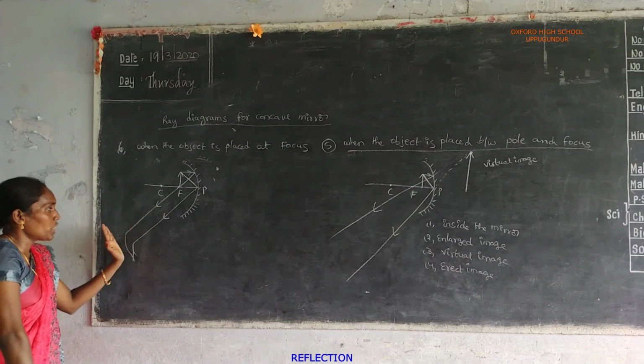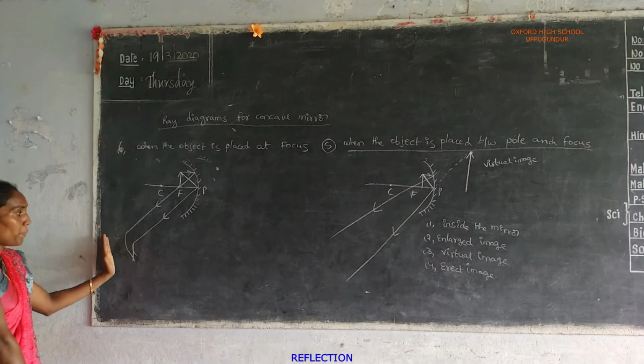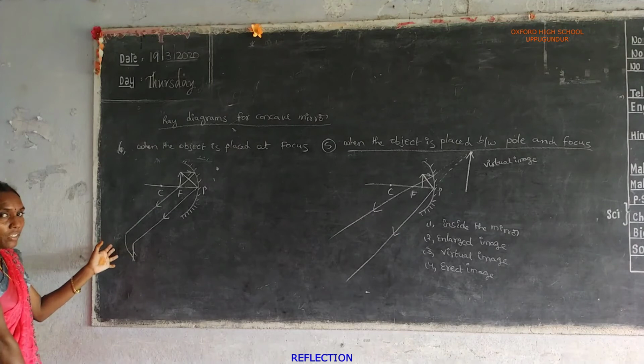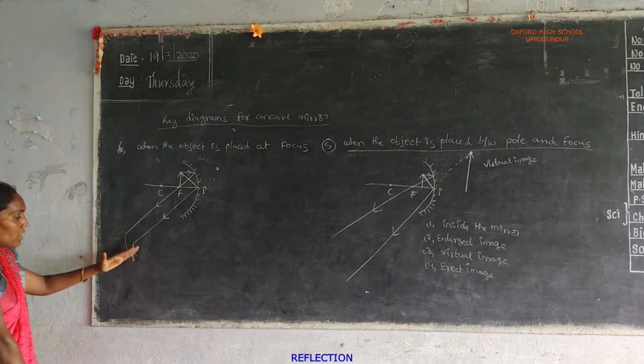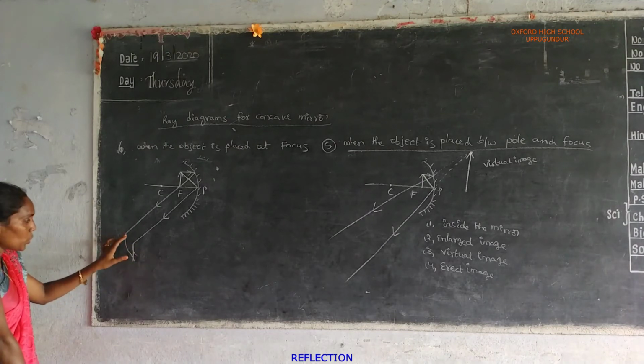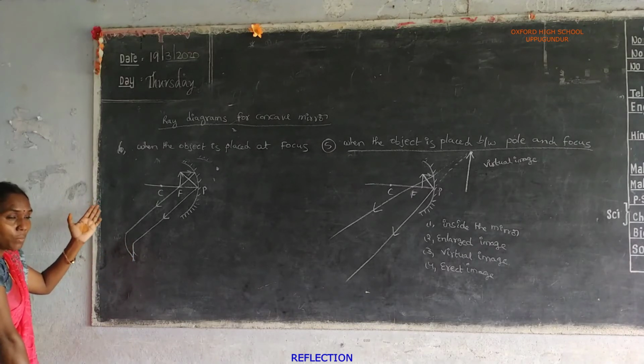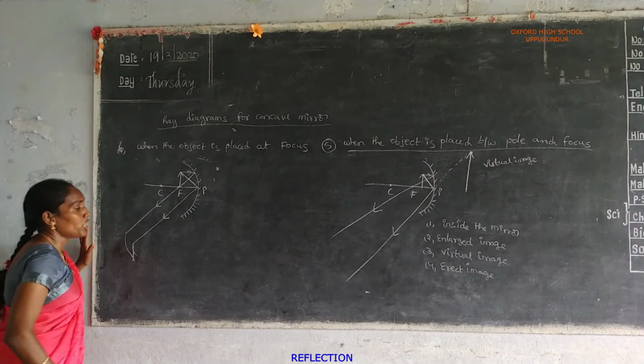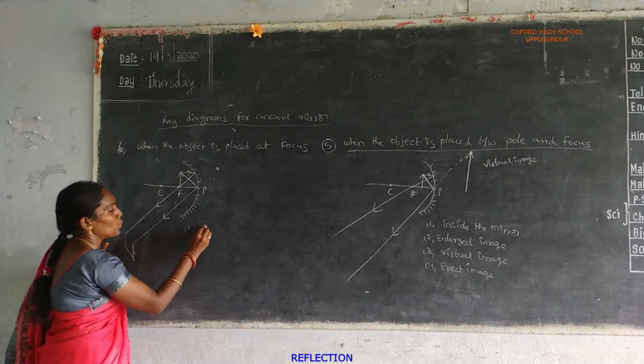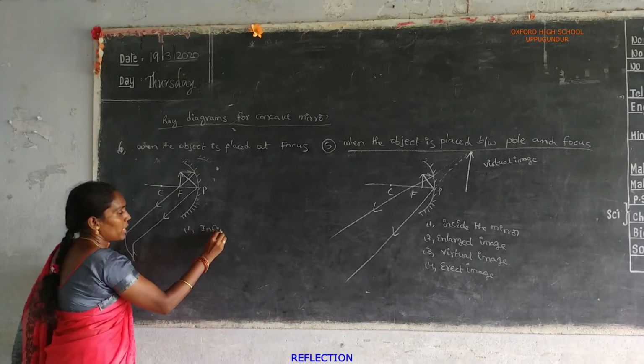If any obstacle is introduced along the path of the light rays, the reflected rays are bent. That time the two reflected rays meet at a certain point. Okay? That means in this case the image is formed at infinity.